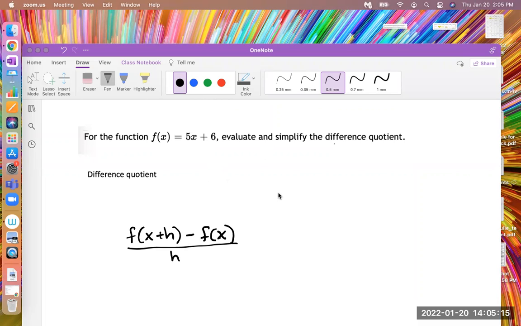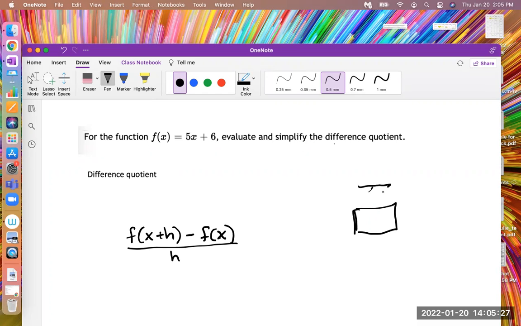But just to refresh your memory, a function is like this: we put things into a function, and it performs some kind of transformation on that something, and then it spits out an output.